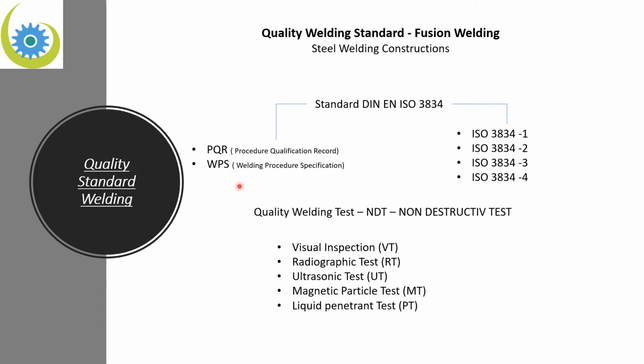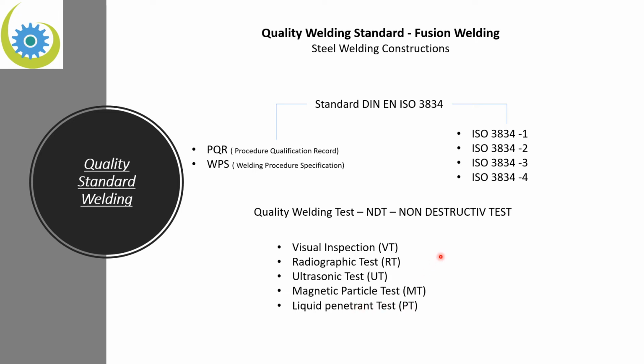The next topic, also important to assure quality, is the tests afterwards. That means there exist non-destructive tests, NDT as abbreviation, and there exist different categories. I have written them down here: visual inspection, abbreviation VT, radiographic test RT, ultrasonic UT, MT, and PT.